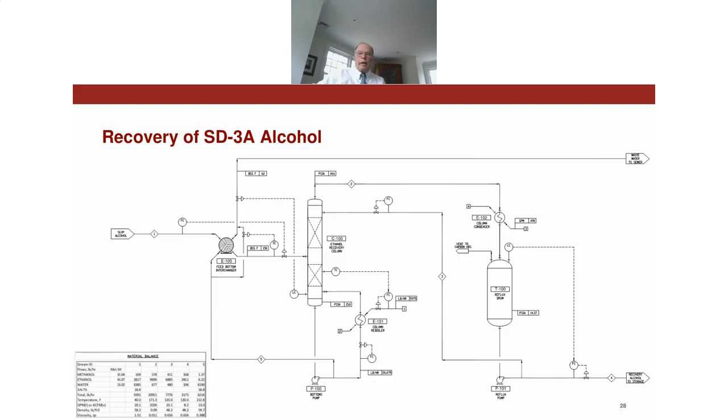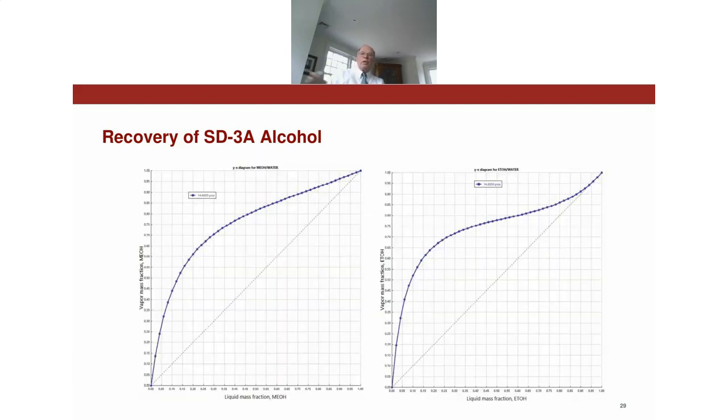And the reason for that, so you can see the VLE that we were dealing with here. So again, we had methanol and ethanol, and this is the methanol water VLE. There are no azeotropes, and this is a relatively easy, straightforward separation. But the bulk of the alcohol is ethanol, and our goal is to get here, if you can see my arrow, up here in the neighborhood of 90 weight% ethanol.